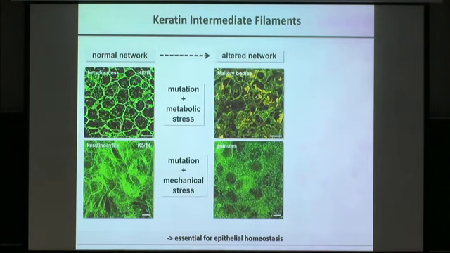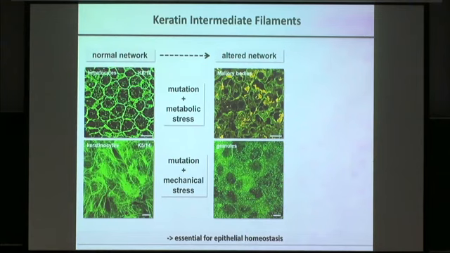And this can act in one way as a stress protector, as a buffer system in the cell. And if you have mutations in these keratins, this buffer reservoir or this stress protective activity is sort of limited.